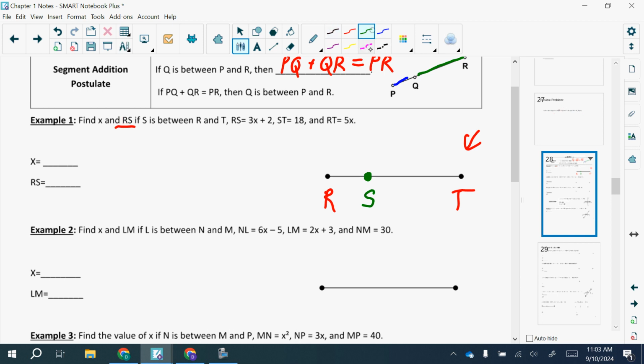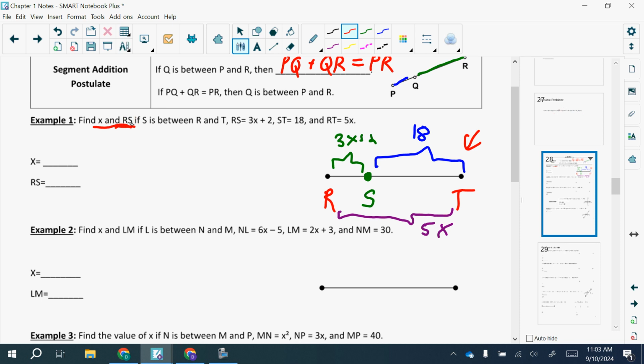So if RS, this part here, is 3x plus 2, and ST, which is this guy right here, is 18, and RT, so that's the whole thing, is 5x, and it wants us to find X and RS.